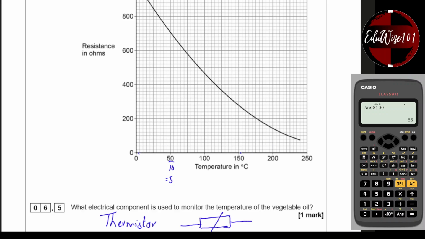So 160 is over here on the graph. So if I draw a straight line up, it should meet at that point, and that's about 2.5 boxes up from 200. So that's 300 in between 200 and 400. So in between that would be 250.